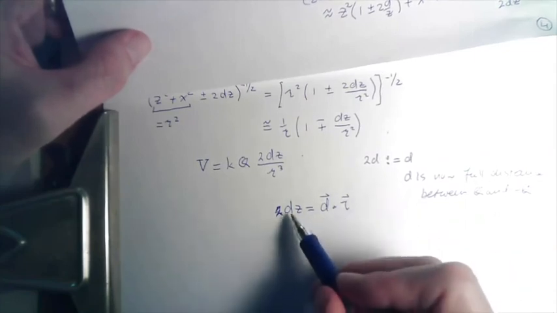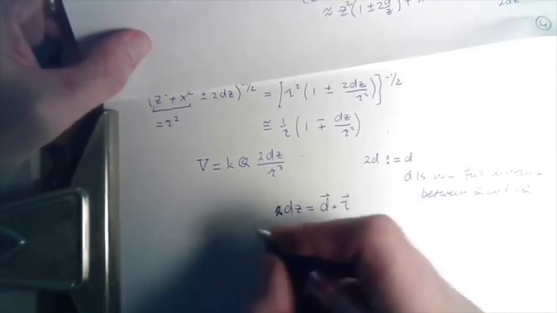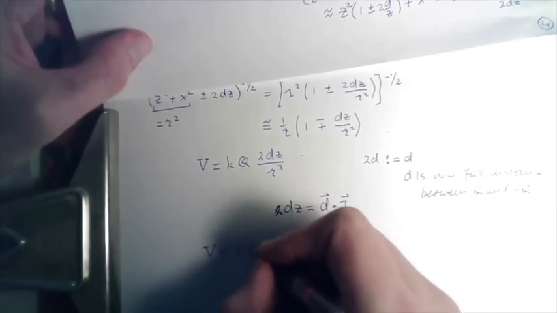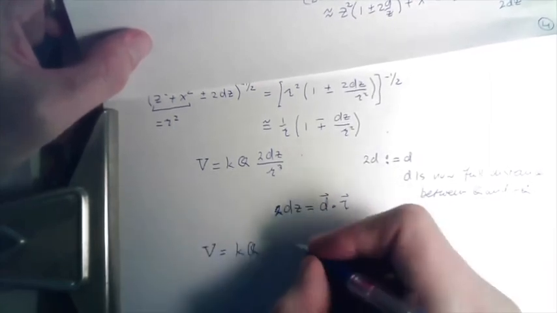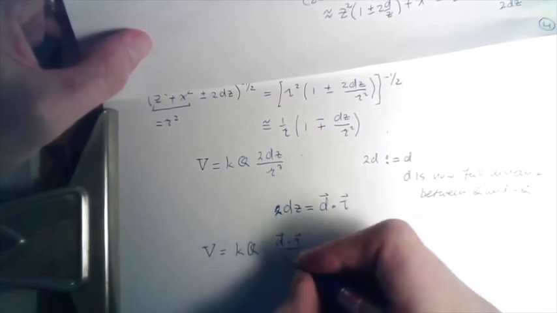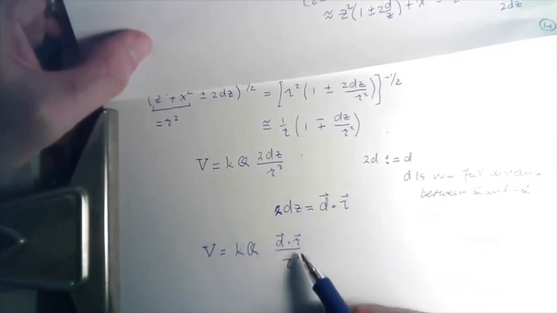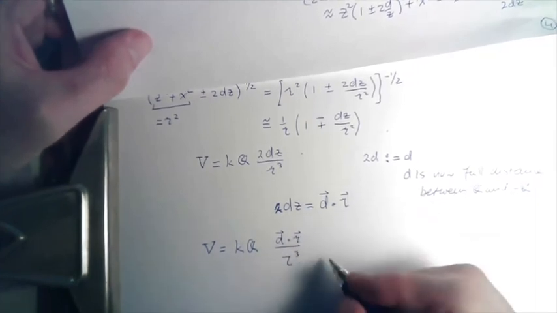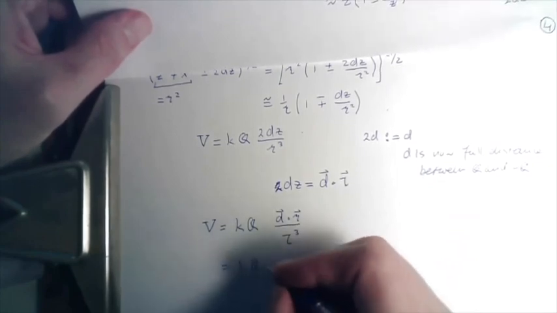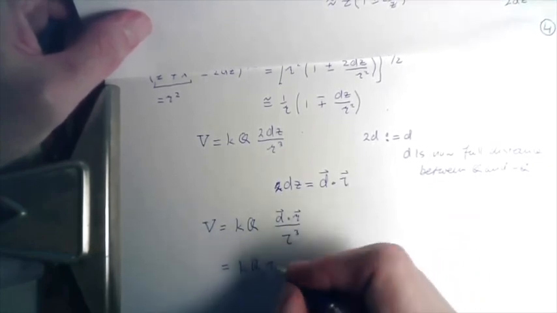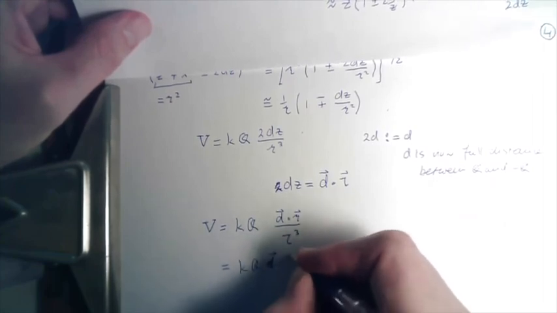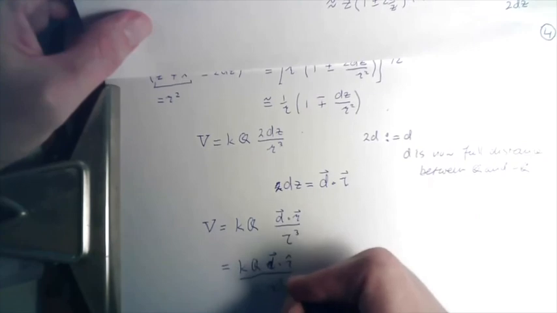So using this and this factor 2, we now get a potential for the dipole, which is going to be k q d dot r over r cubed. And now I'm going to take the r vector over r cubed and write that as k q d dot r hat over r squared.